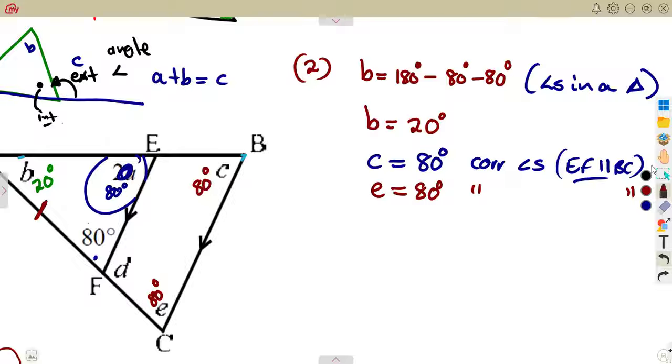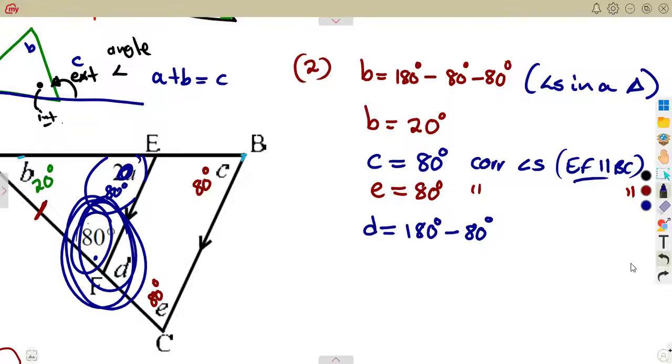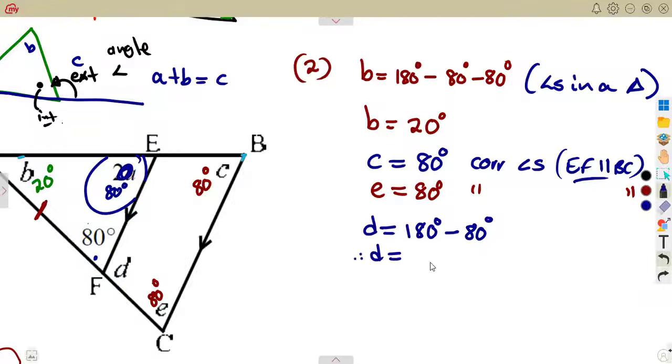All right. So what about D? We can calculate D straightforward. This is a straight line, angles on a straight line. So that means D was simply going to be 180 degrees minus 80 degrees, angles on a straight line. So we subtract the 80 degrees from 180. That was going to give us 100 degrees.